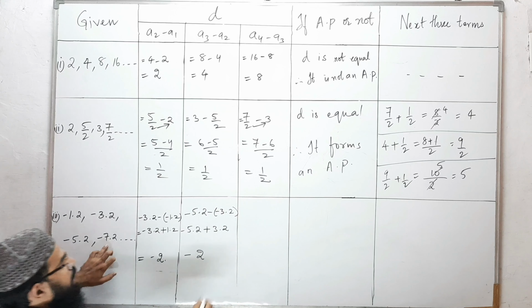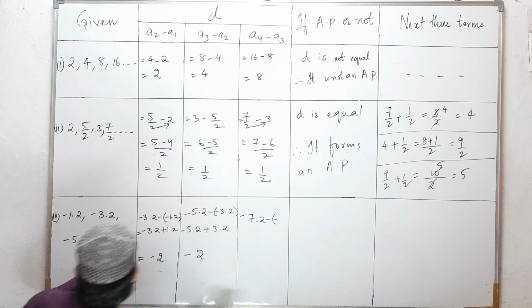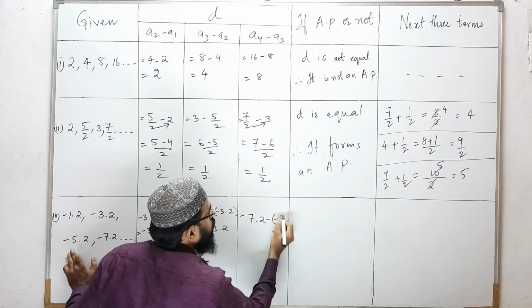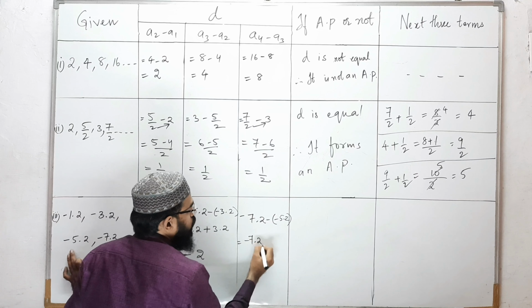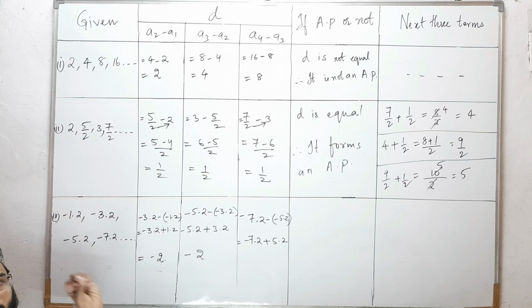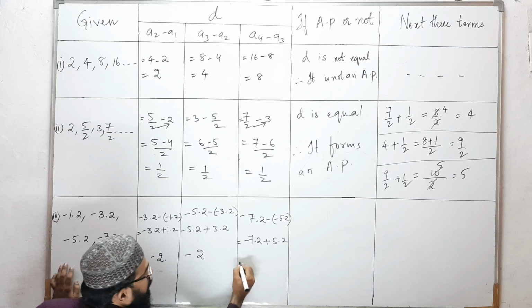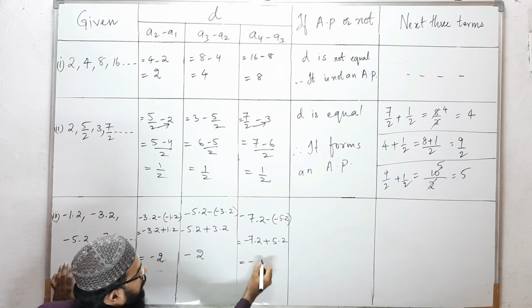Next is minus 7.2 minus of minus 5.2. So we get minus 7.2 minus into minus, plus 5.2. So 0.2 minus 0.2 will be 0. If we subtract 5 from minus 7, we get minus 2.